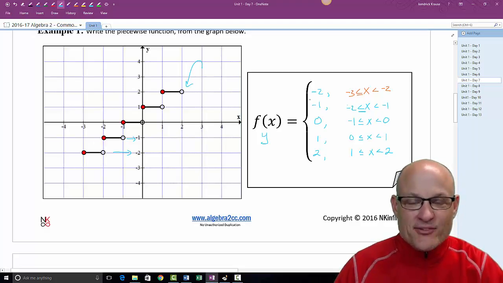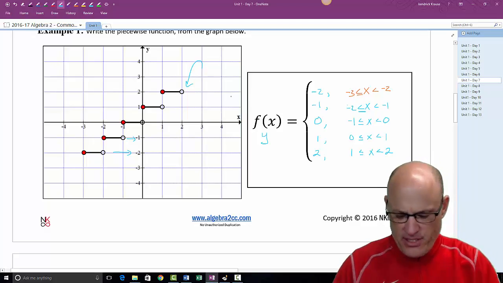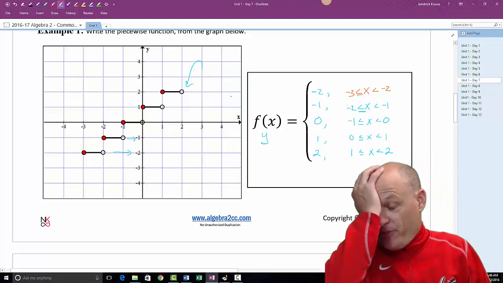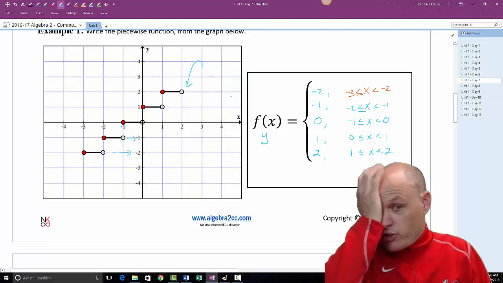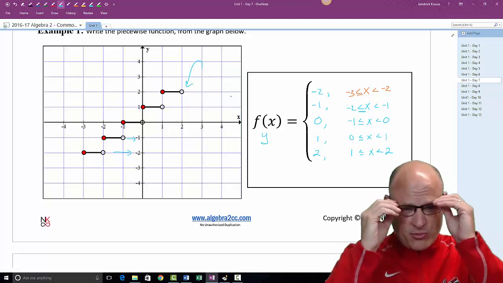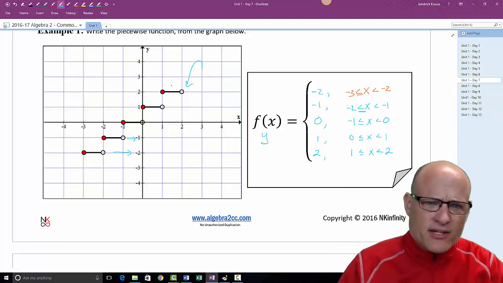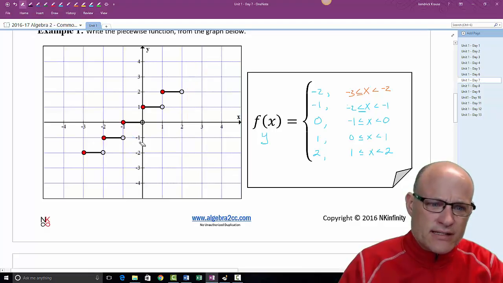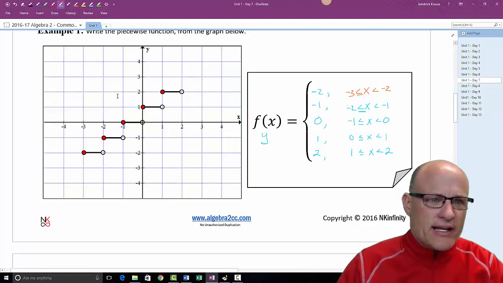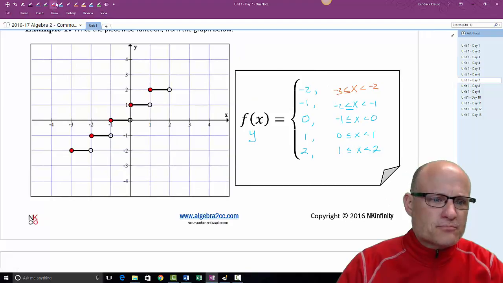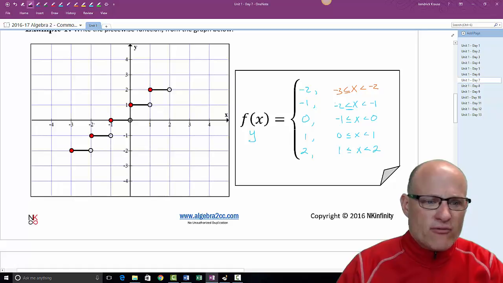All right, so I got a couple questions for you. Is this a function? I call it a piecewise function. You should know and be able to test whether or not this is a function. It's a very simple test. It's just called the VLT, the vertical line test. If I draw a vertical line anywhere, did that hit more than 1 point?